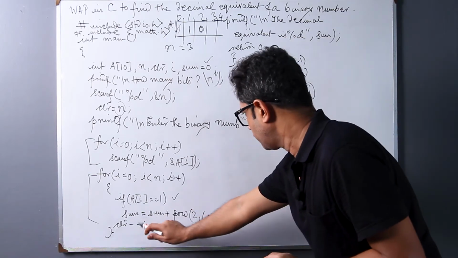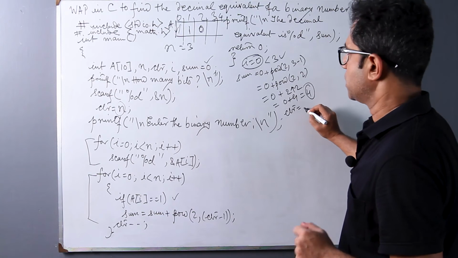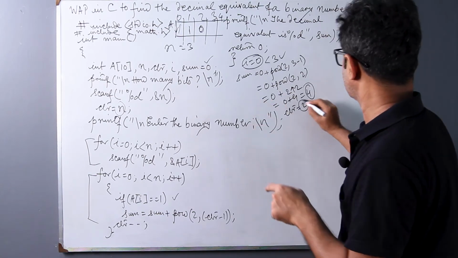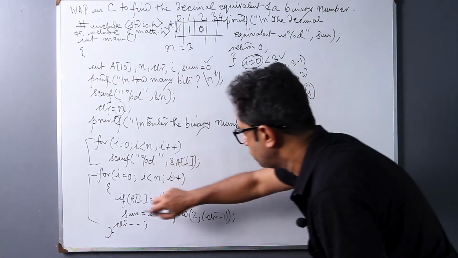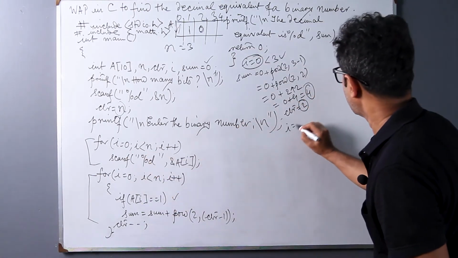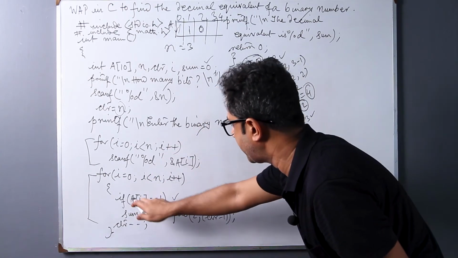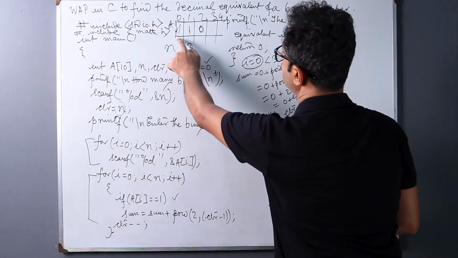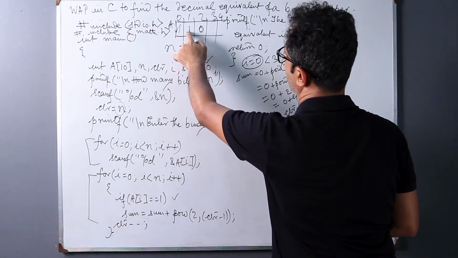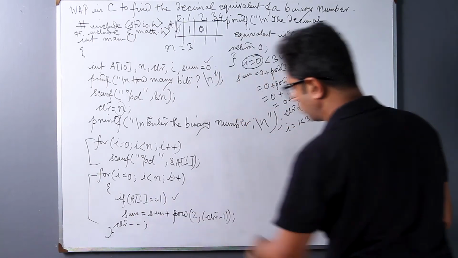Then the counter is decremented by 1. Counter was 3 before and now it becomes 2. Now again I plus plus, I is equal to 1, less than 3, perfect. Again we check if ai is equal to 1. If a1 equals 1, yes, a1 is 1, and then again we do this calculation.